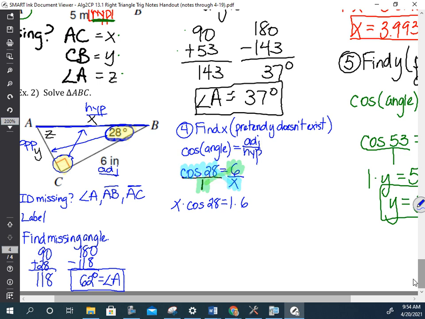So cosine of 28, you can put that into the calculator. If you put it in the calculator correctly, you should get 0.883 times x equals 6.